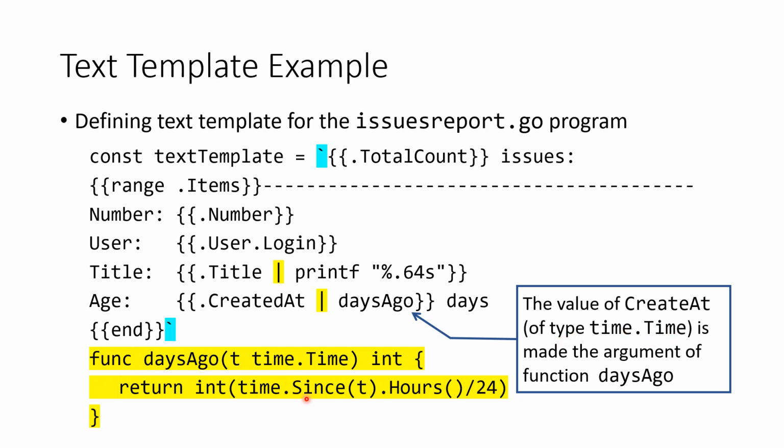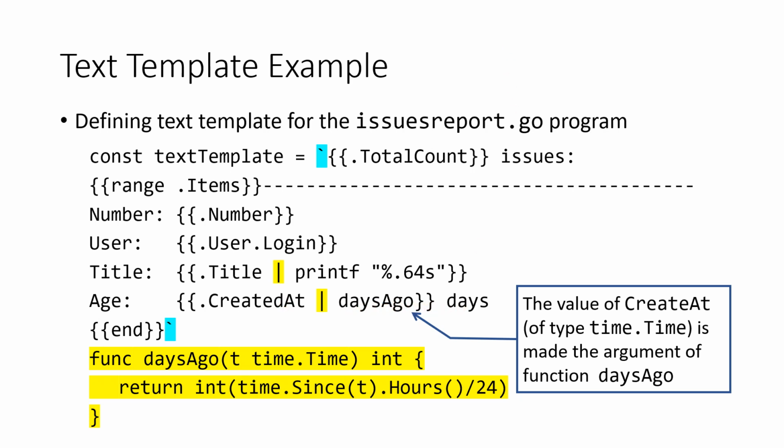The daysAgo function converts a given time.Time value into an elapsed time using the function time.Since. In this action, the value of CreatedAt is made the argument of the function daysAgo. So it converts the time at which the issue was created into the number of days since the issue was created.